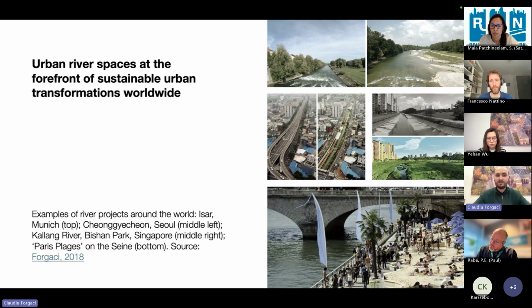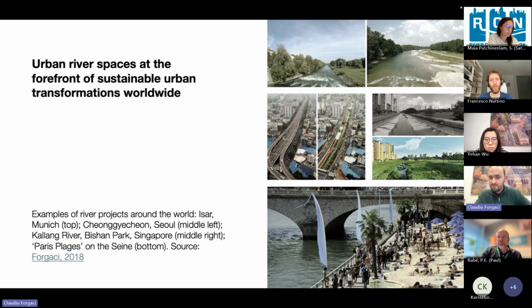So there's some sort of a reversal process or some sort of need for a more sustainable urban transformation of those kinds of urban spaces.